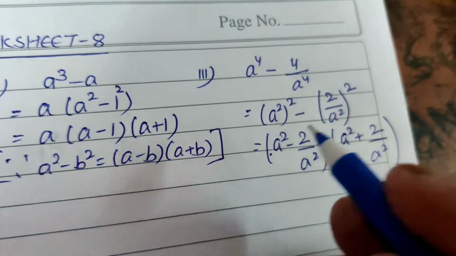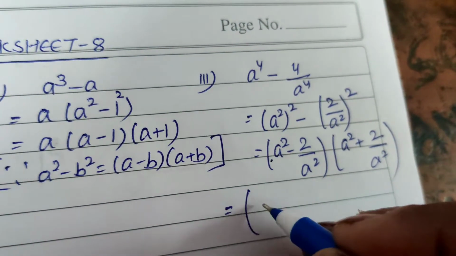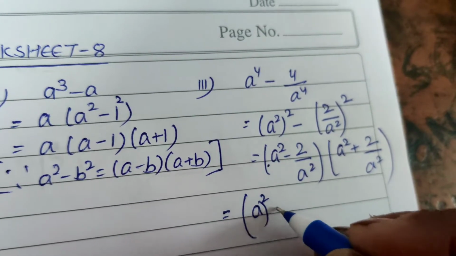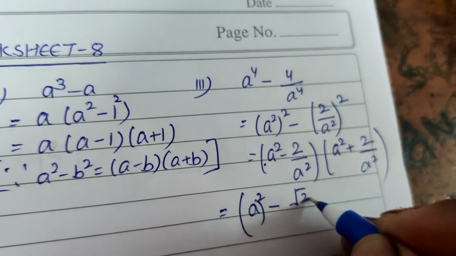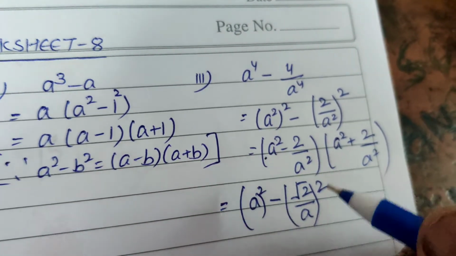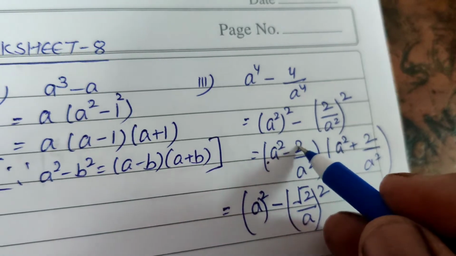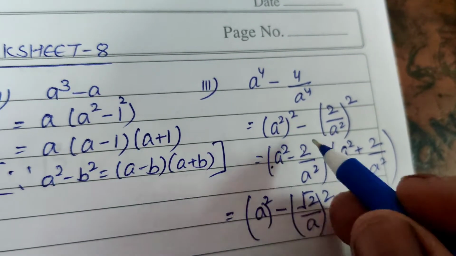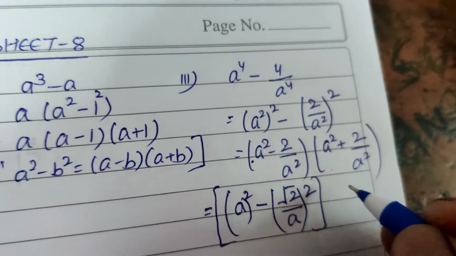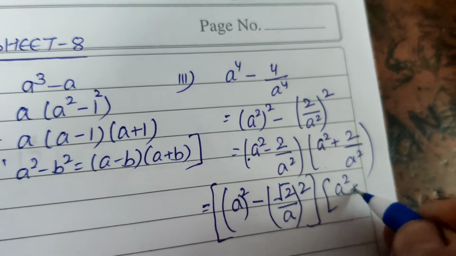Again a square minus b square: this is the square of a, minus this is root 2 upon a. The square of root 2 is 2, so we can write root 2 whole square upon a square. And the positive term a square plus 2 upon a square.